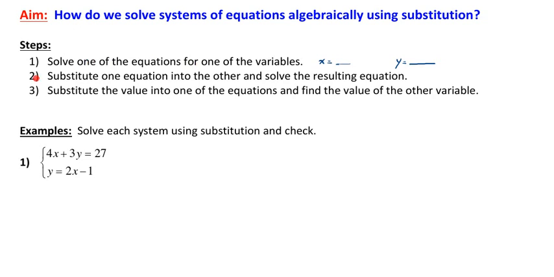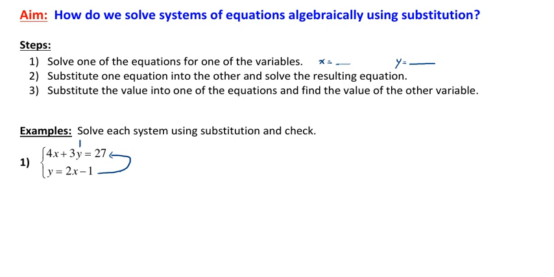And then step number 2, substitute one equation into the other equation and solve the resulting equation. So what we're going to do is take this equation that is solved for x or for y, in this case solved for y, and put it into the other equation. How are we going to do it?